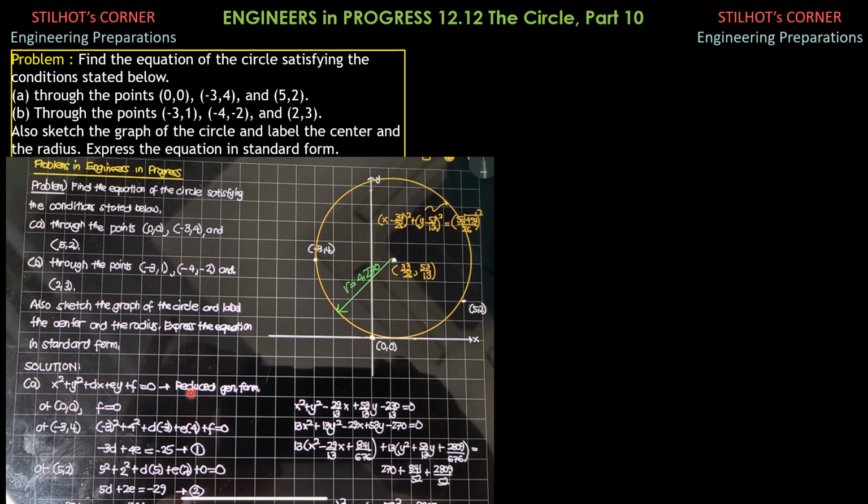Then from here, we substitute the points on the circle because these points satisfy the equation of the circle. So at (0, 0), everything will be 0 here except f, which has no x or y partner. Therefore, f is 0 when we substitute the coordinates 0, 0 for x and y.